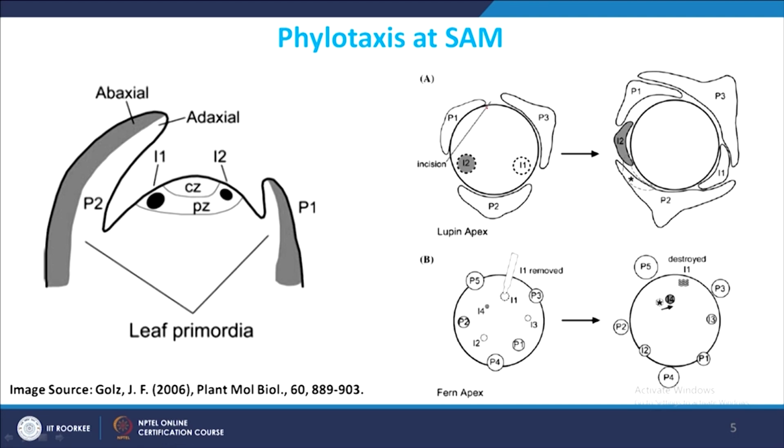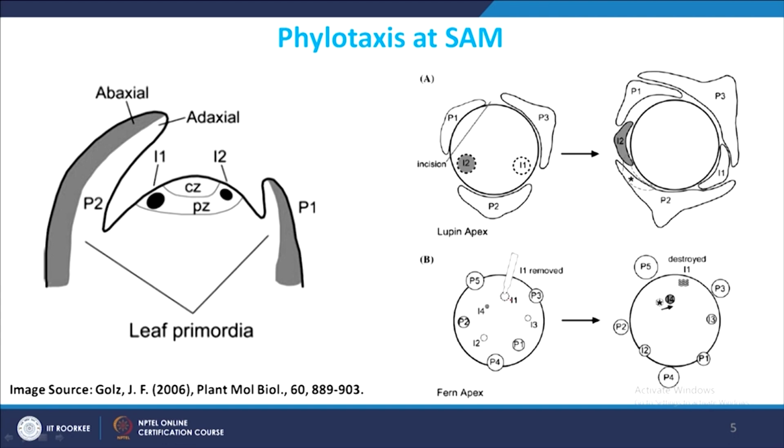For example, if you make an incision between P1 and the center of the meristem, the positioning of I2 is now changed. It is basically shifted from the original position.